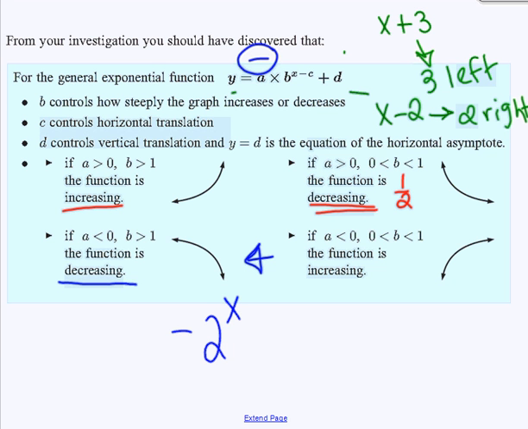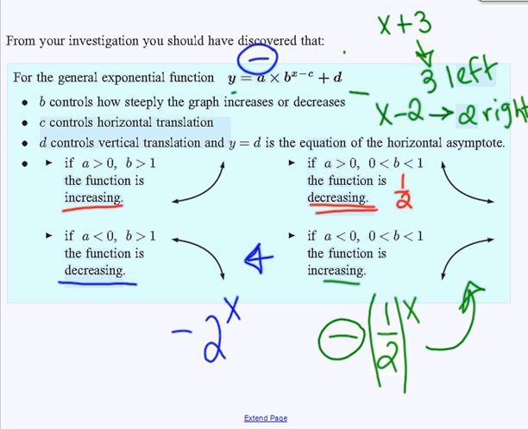If a is negative and b is between 0 and 1, for example -1/2 to the x, that is going to be an increasing function. Again, we didn't look at any of that kind, but it's going to look something like this. The reason it's increasing is that normally you would think, okay, it's negative, so that means an x-axis reflection.